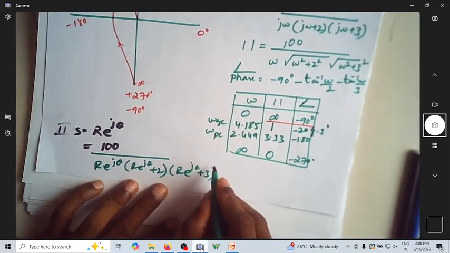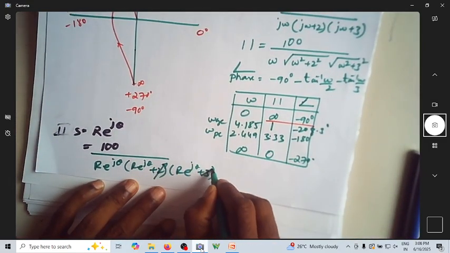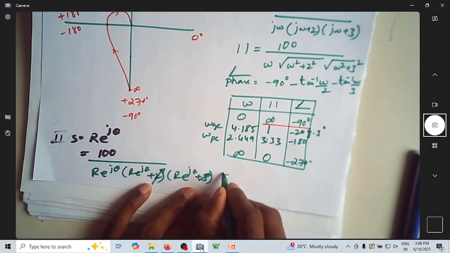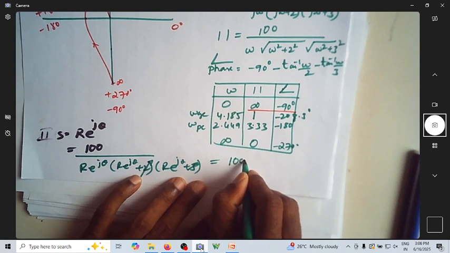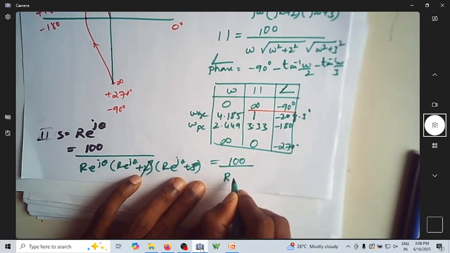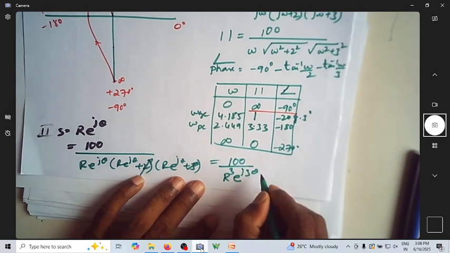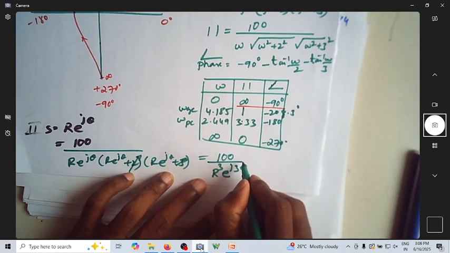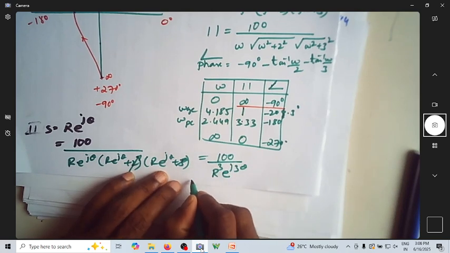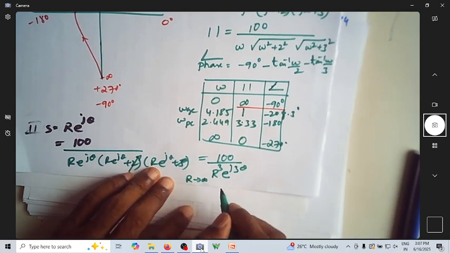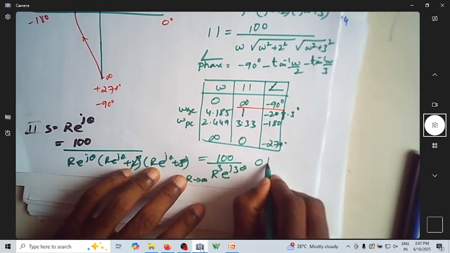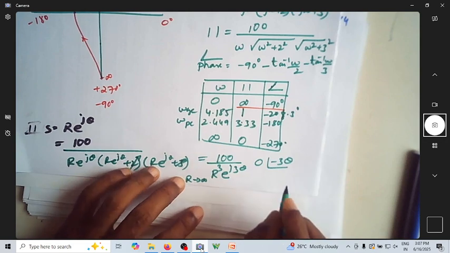So when r is tending to infinity, this will become 0, this will become 0. And then what you have is 100 divided by r cube e power j 3 theta. So when r tends to infinity, this will become 0 at an angle minus 3 theta.